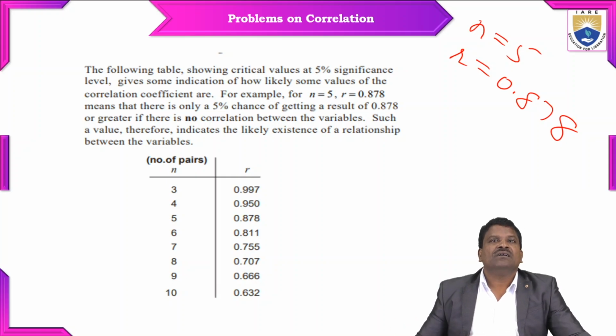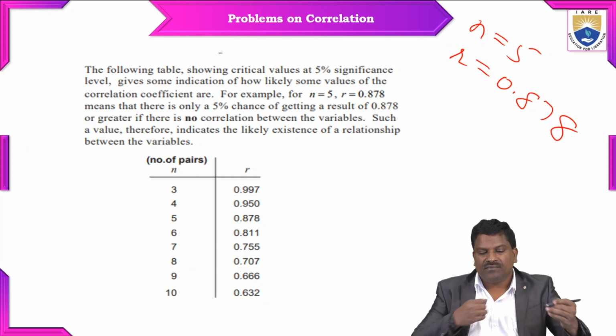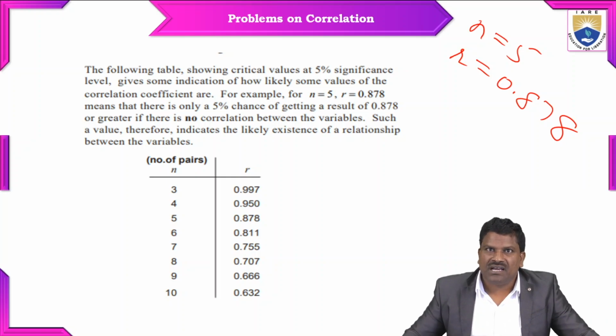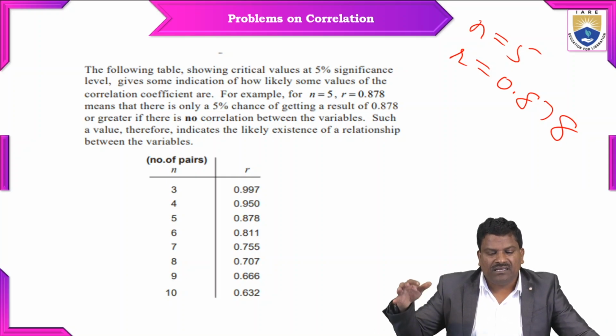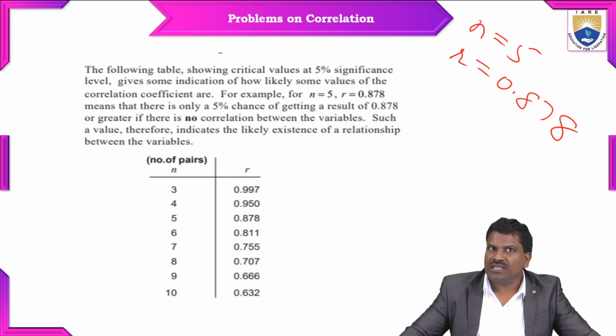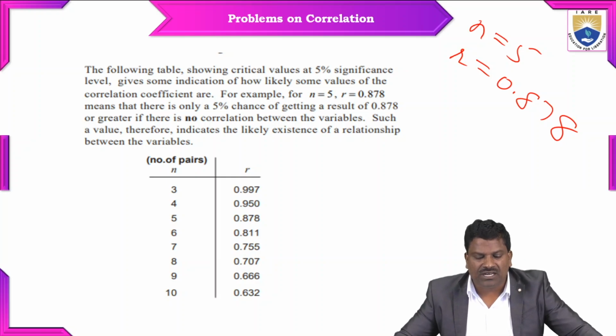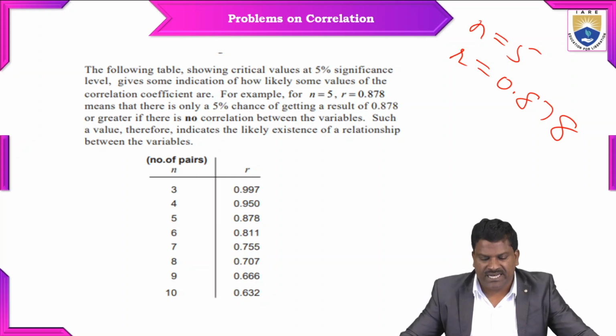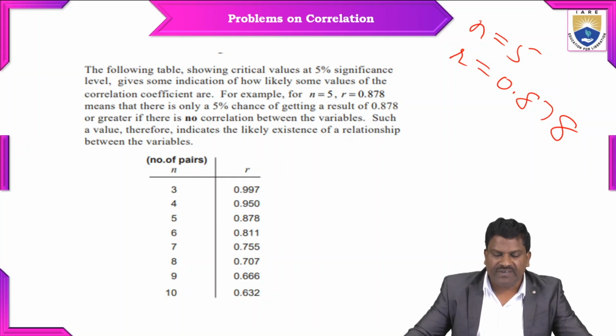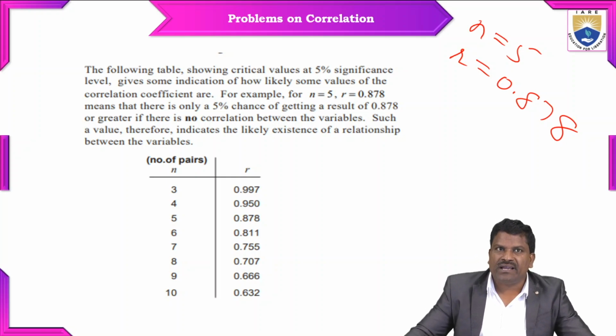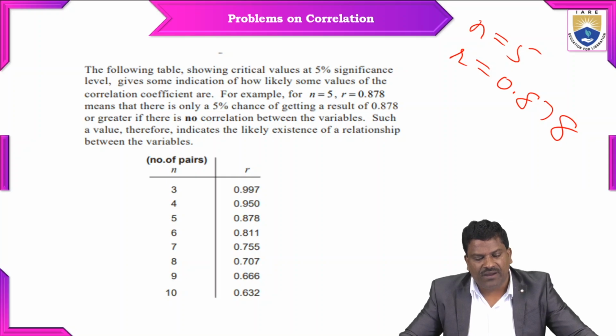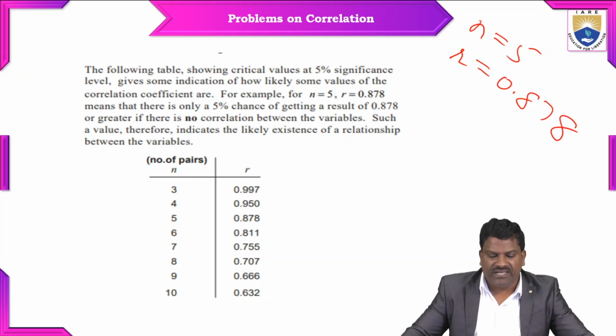Here, the number of pairs and the rank correlation are given. Suppose there are 3 pairs. Significantly, the rank correlation comes as 0.997. If it is 4, 0.950. If it is 5, 0.878.